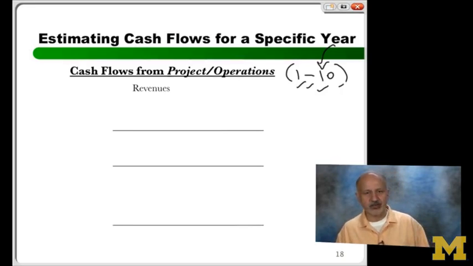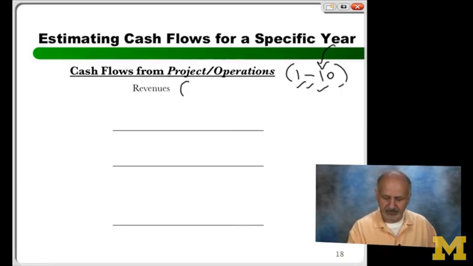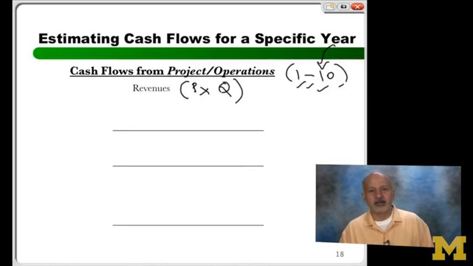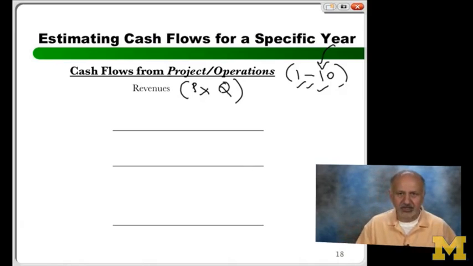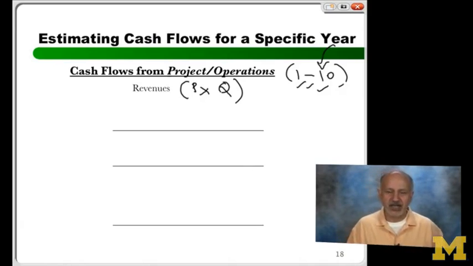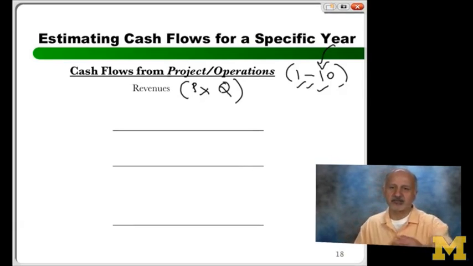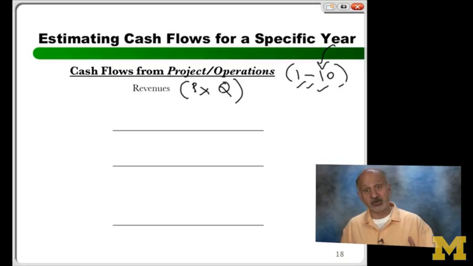So the first item that you always worry about is revenues. Okay? What is revenues? Remember, price times quantity. So very straightforward. Why is it straightforward? Because usually you have something to sell, and the quantity of it determines what the number of units are. And what is the price?